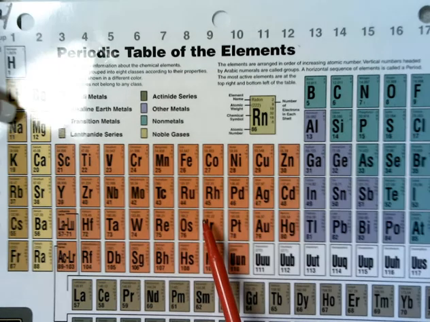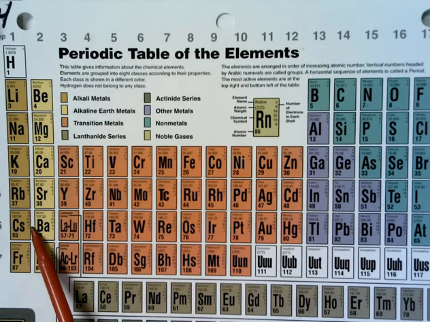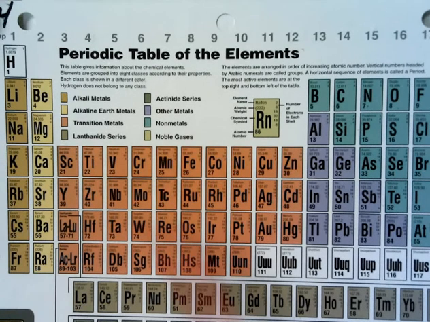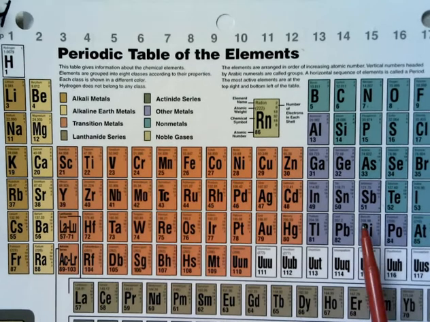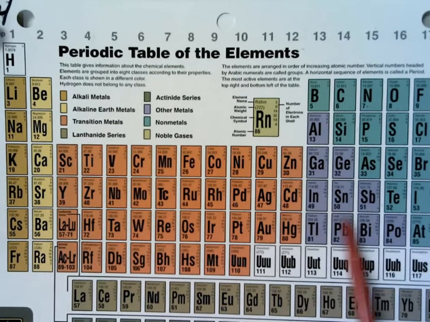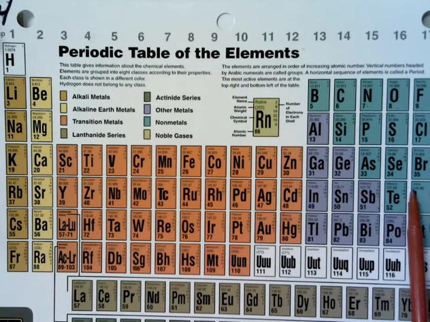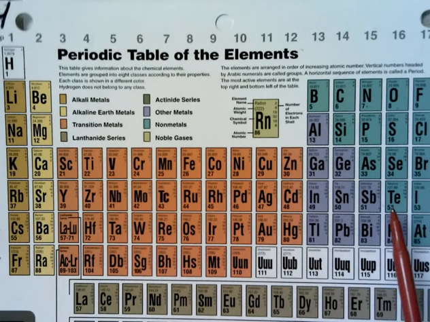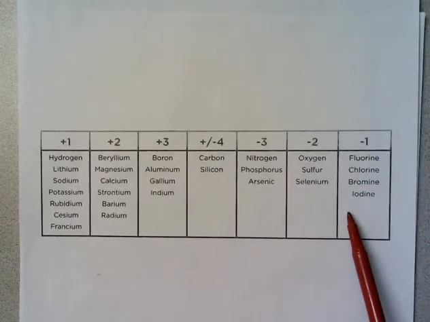So it varies. But most of the other elements, the elements that you see in group 1, 2, and 13 through 17, not all of them because there's a few that have multiple, but for the most part those elements in those groups have a set oxidation number, meaning they will only either gain such an amount or lose such an amount.